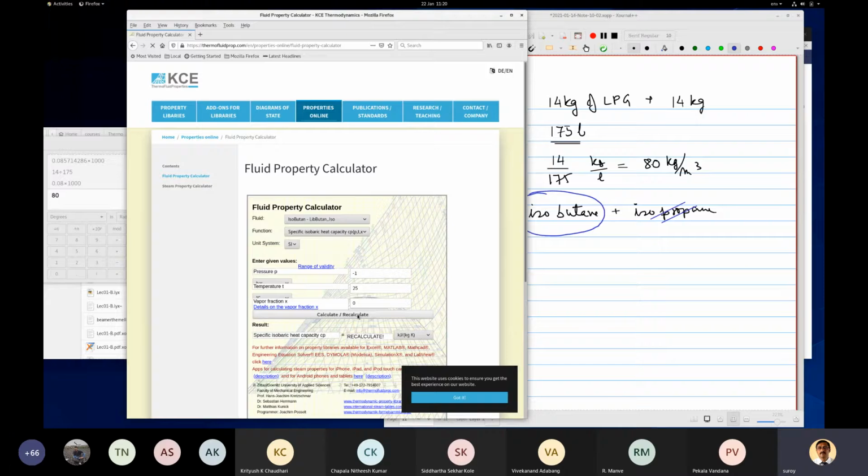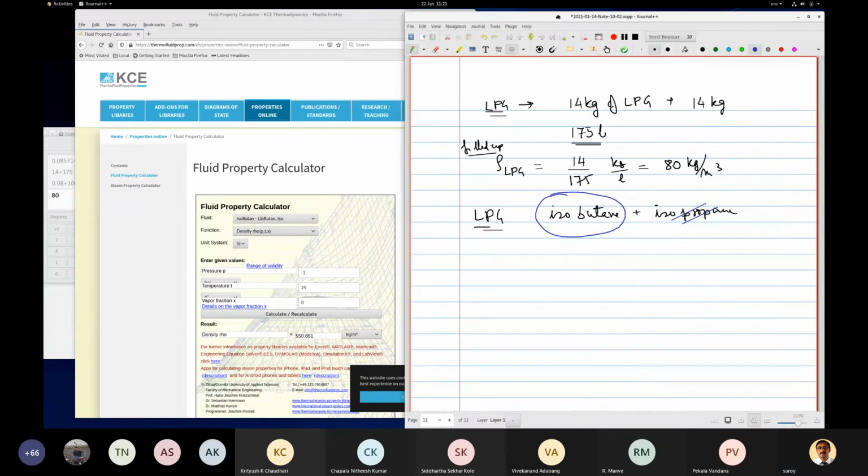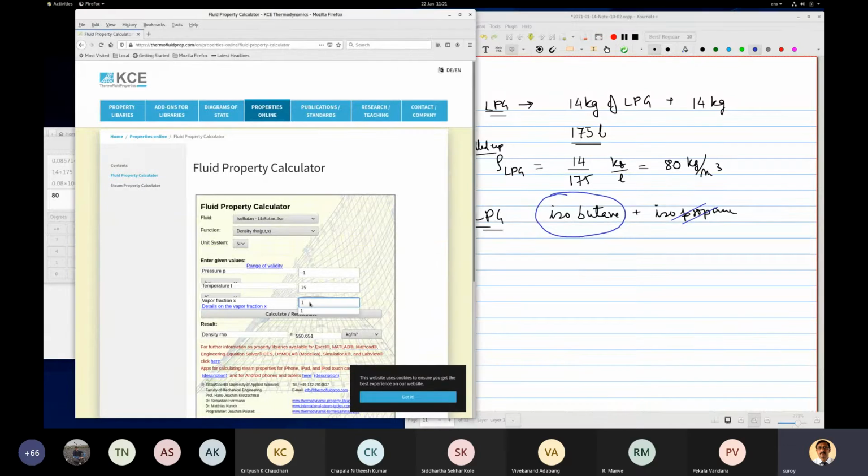I want to calculate the density, at 25 degrees centigrade, saturated condition. Now, what about the vapor condition? 1 means vapor fraction fully. So that is about 25 degrees centigrade, right?